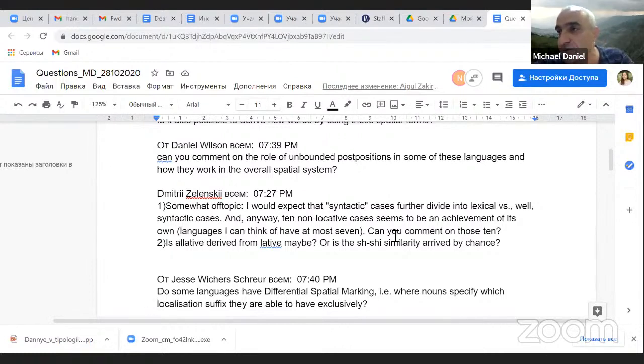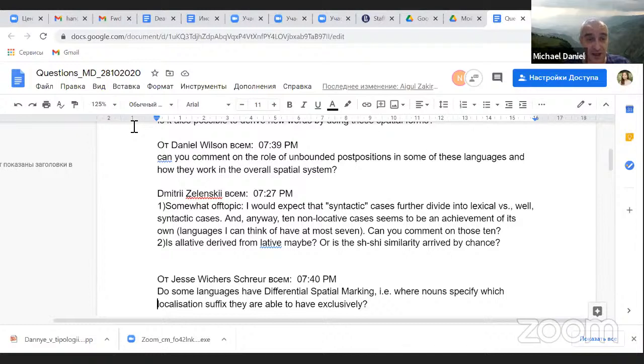Sorry, that's my timer. I don't know how to stop it. Okay. Yeah, so I was saying that, of course, you can distinguish between different syntactic cases. And I even argue that some of these formal syntactic cases, elements of the syntactic paradigm, are in fact pretty much spatial. So I fully agree. It was a matter of morphological design rather than semantics.